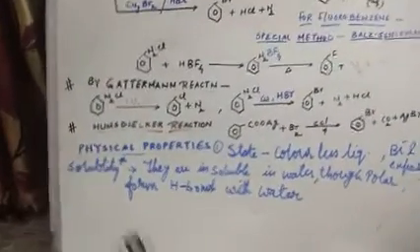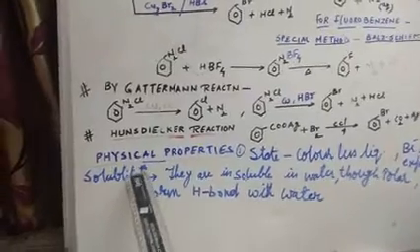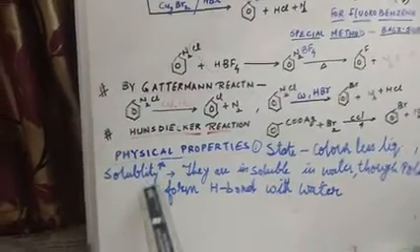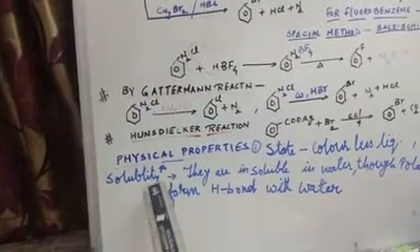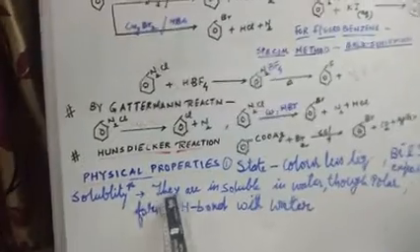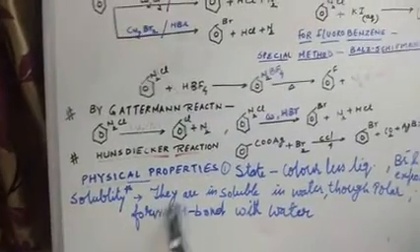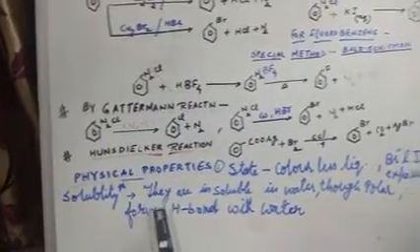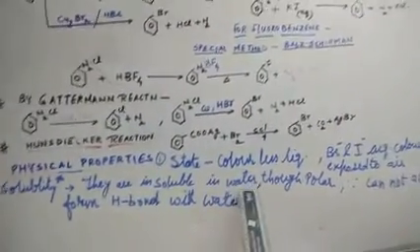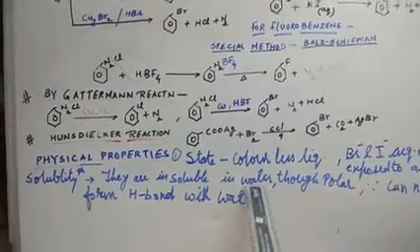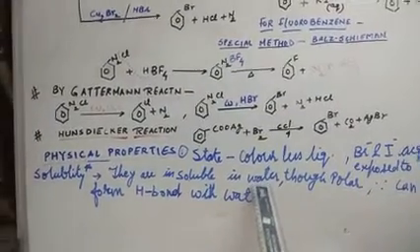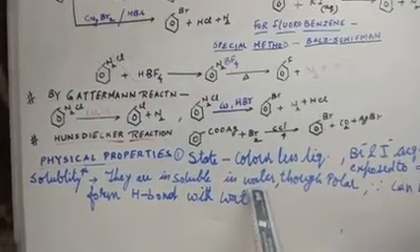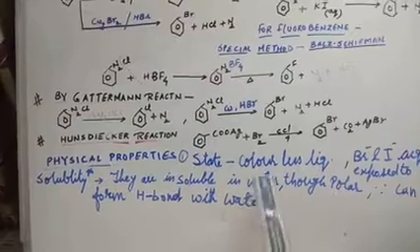Then I am taking the solubility. Friends, it is very important. That's why I have put one star here. You have to learn this property: if we are taking solubility, they are insoluble in water. As we have done, students, like dissolves like. And we have done that alkyl halides are polar.